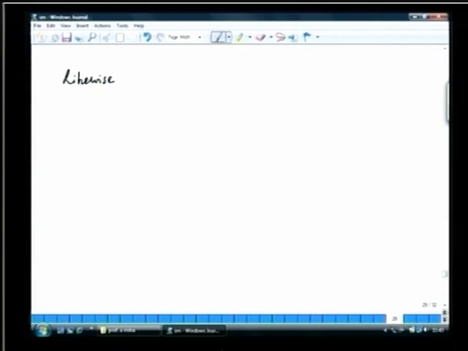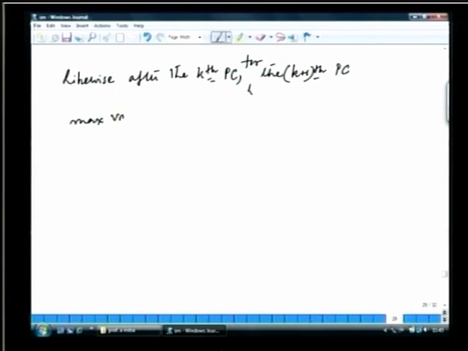So, in this way we can go up to the k plus 1th one, say likewise after the kth principal component, the k plus 1th principal component. So, after going to the first, the second, and then the third principal component, for the k plus 1th principal component, we must have maximum of variance of L prime x.